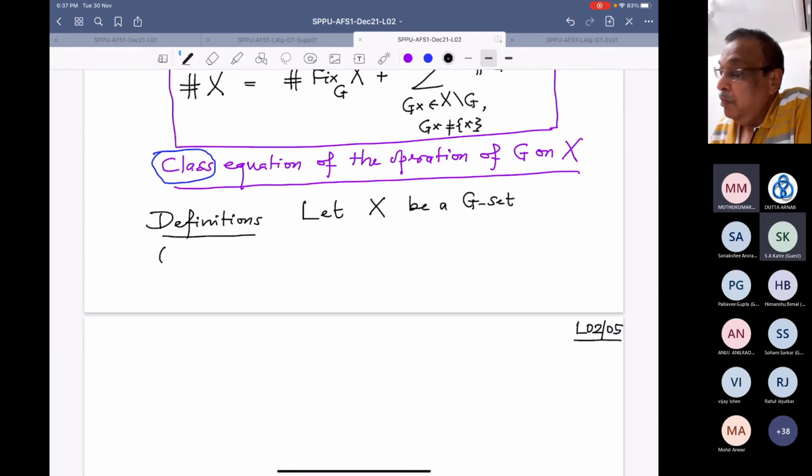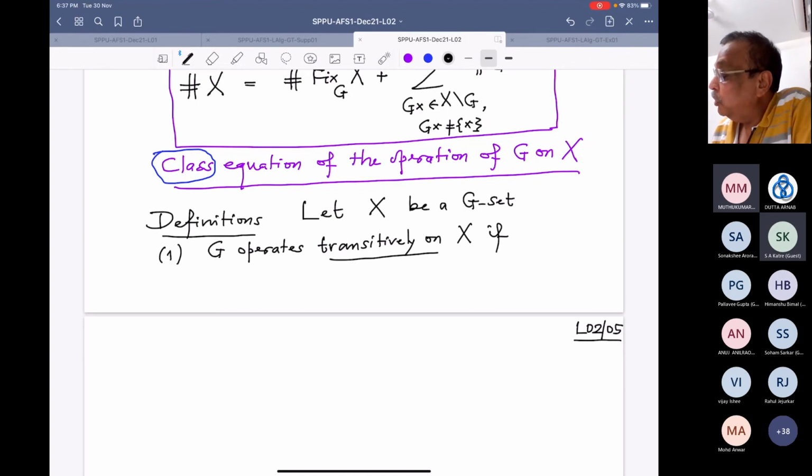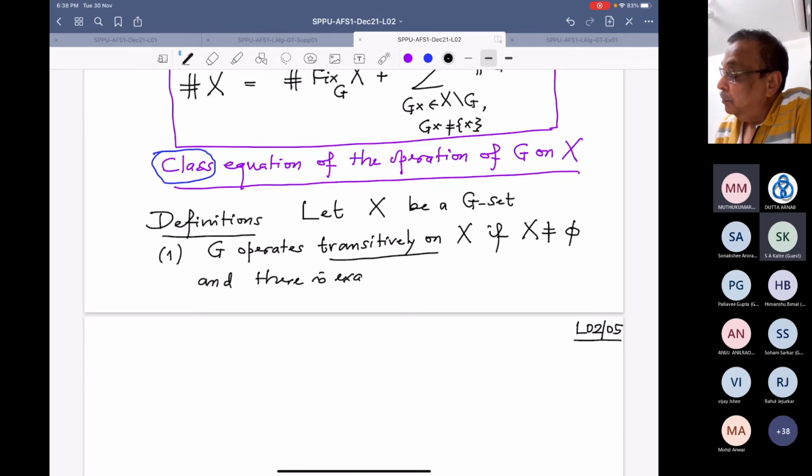All right, so 1, we say that G operates transitively, or the operation is transitive on X. This is what I'm defining. If, first of all, X should be non-empty, and there is exactly one orbit.